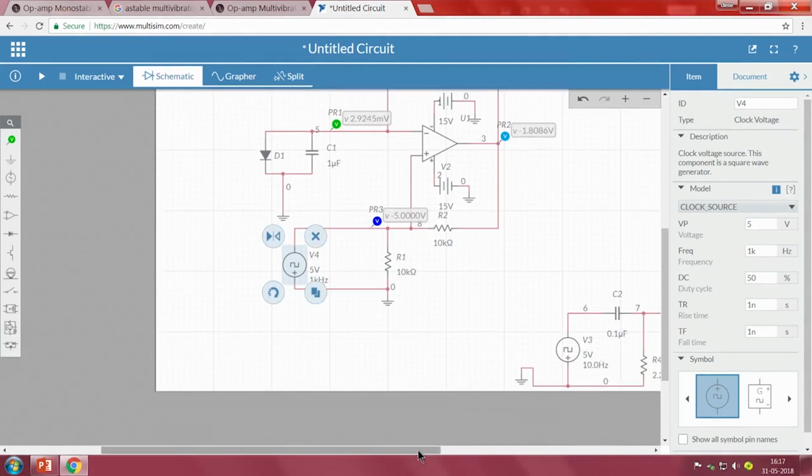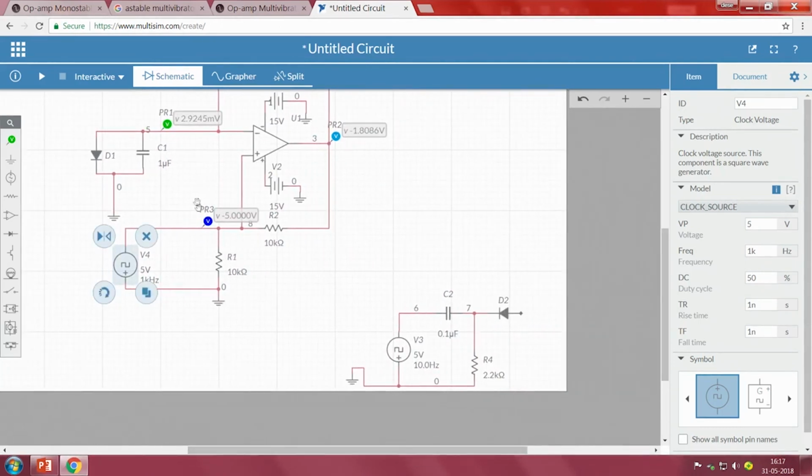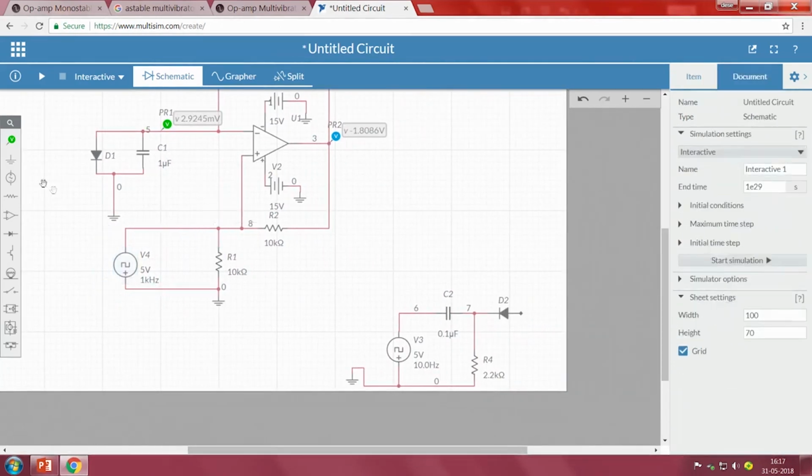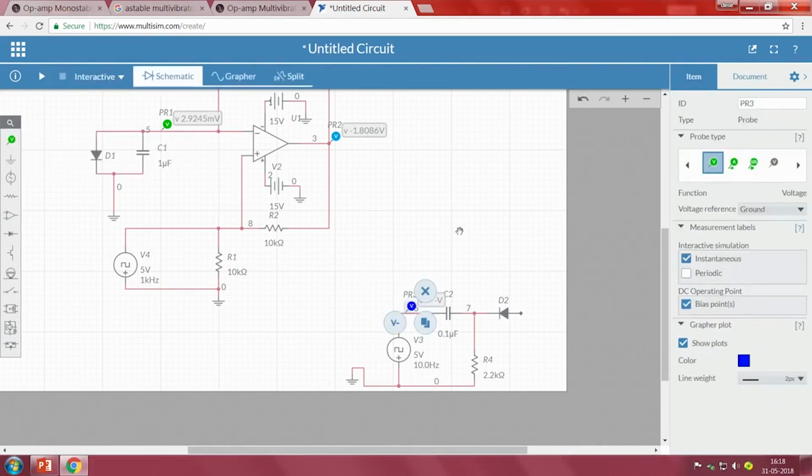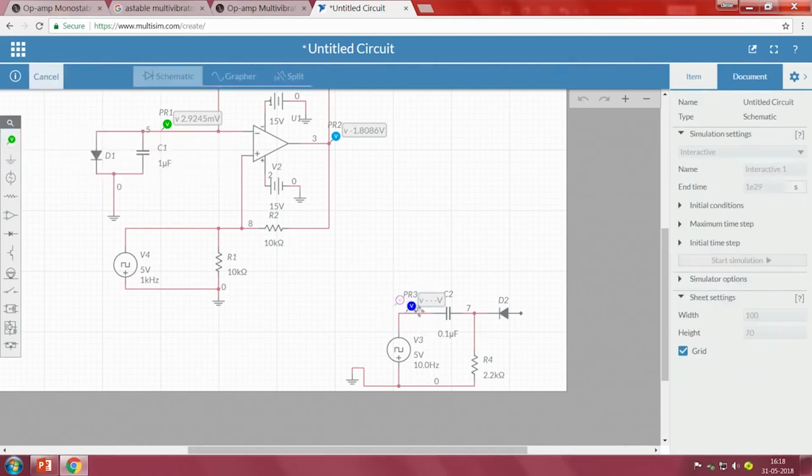Just to understand how exactly it works, we will take this particular circuit. If you observe, the same input voltage that we use here, and now at this point we will connect one voltage source, so we can understand what type of voltage we are giving, and we will connect one more output voltage here.